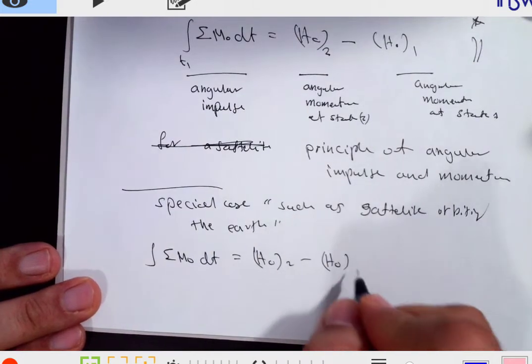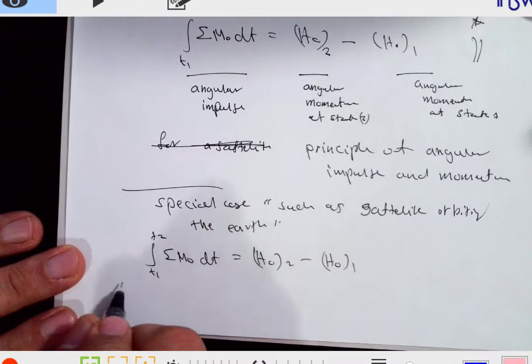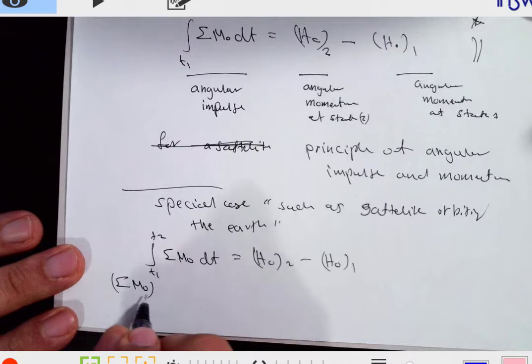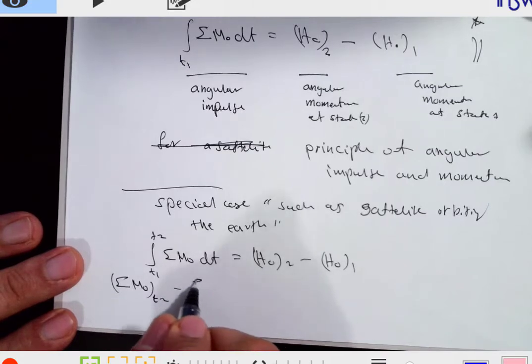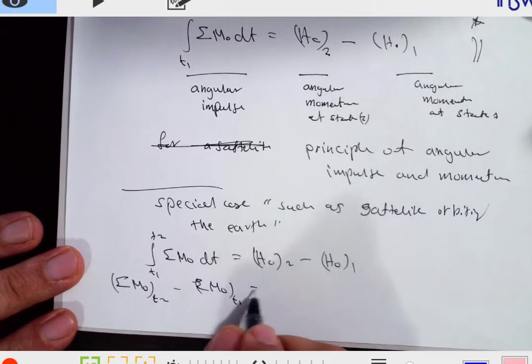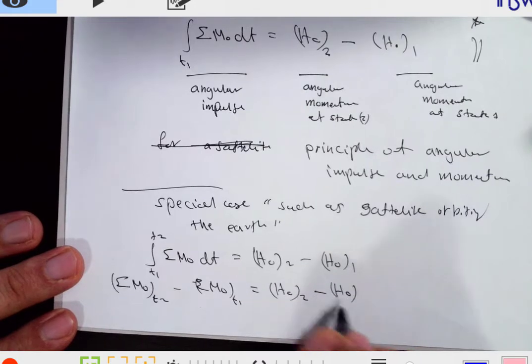Now this is a special case. So from T1 to T2, that's going to be equal to summation of all moments at time 2 minus summation of moment at time 1, equal to h naught 2 minus h naught 1.